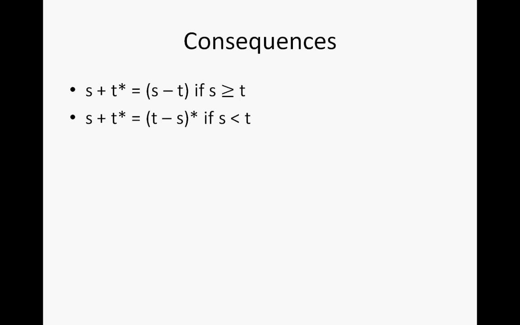Again, if you have s plus t star, you would end up doing t minus s and then taking the mirror reflection of that if s is less than t. So for this situation where one is a number and the other number is the opposite, or the mirror reflection of it, then you have these two situations that happen. So you have to do some comparison.